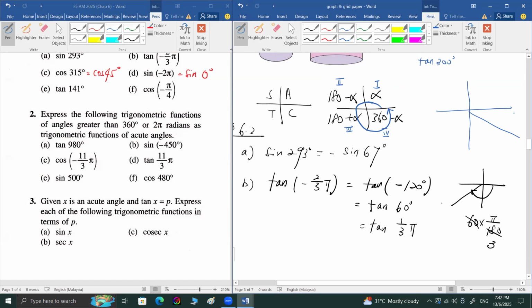Okay, let's say 300 means we go here. And actually when we change 360 minus 300, I get 60 degree here. 60 degree here.